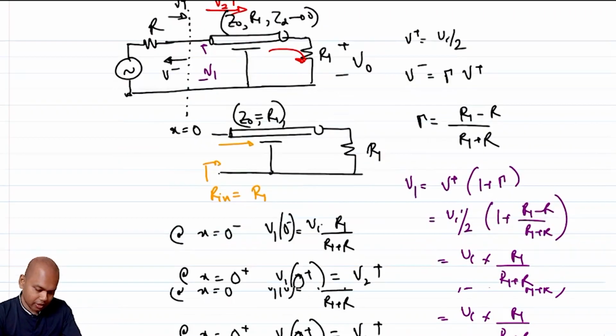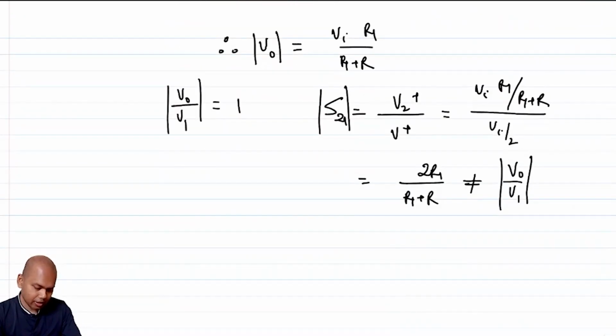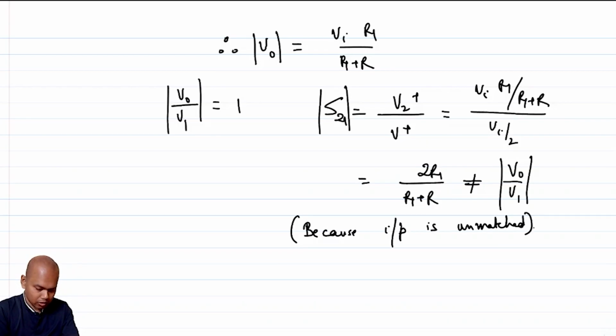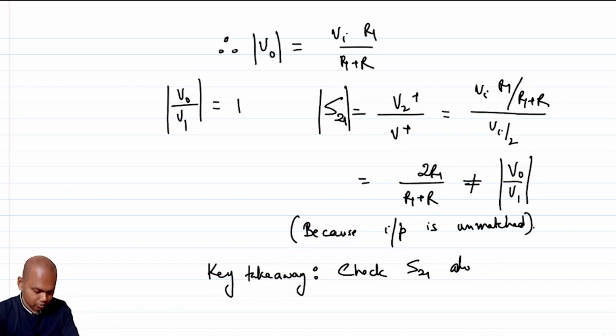So the key takeaway is: this is because the input is unmatched. So key takeaway, check S21 along with S11 always.